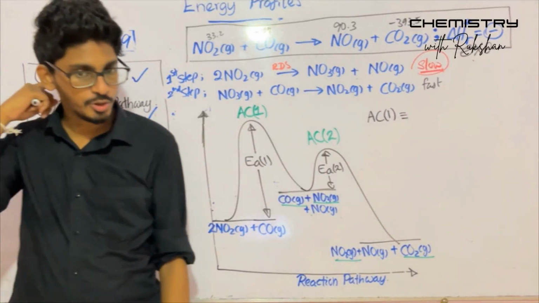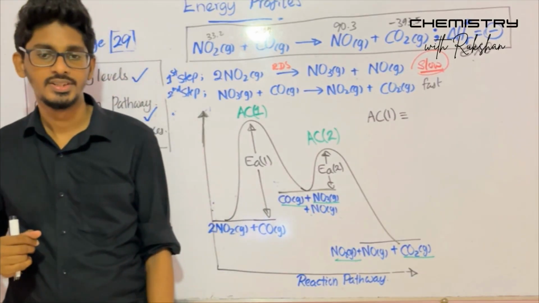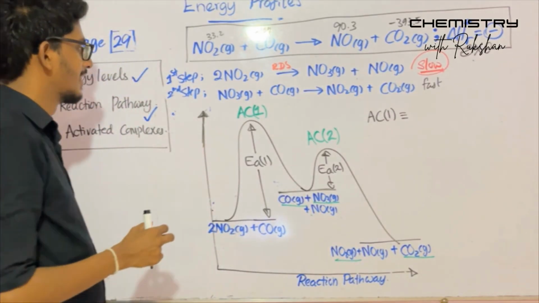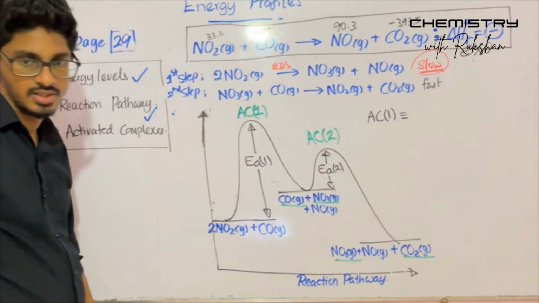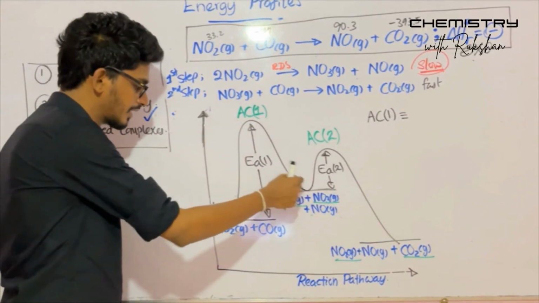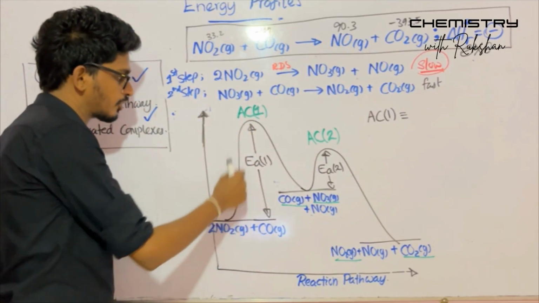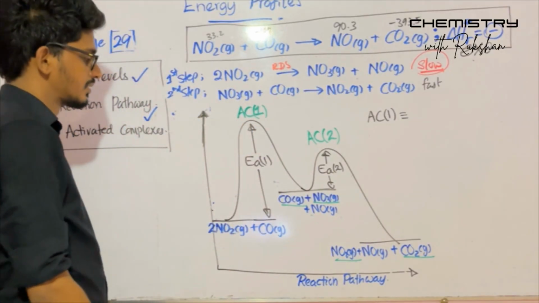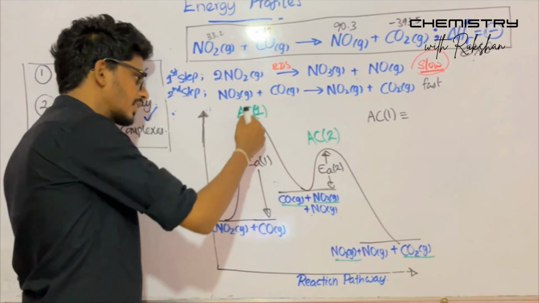What I have told you to do when drawing the activation complex 1: first consider the reactants of the first step. Activation complex 1 involves when the reactants of the first step convert to the products of the first step.